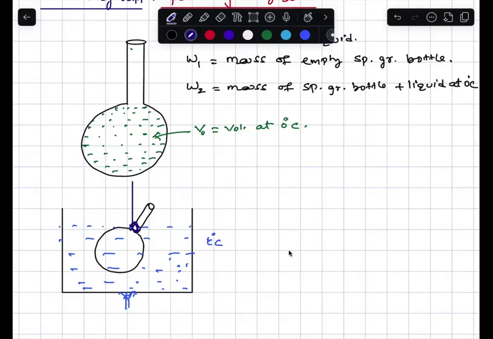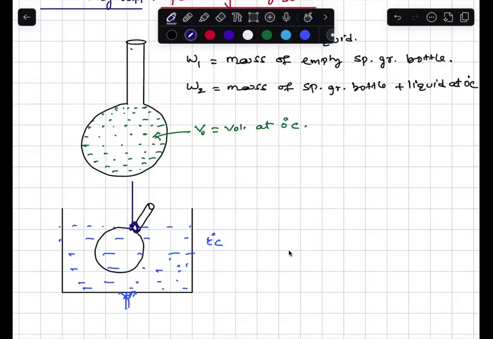We should rather say the word oozing. The excess oozes out through the capillary tube. From time to time, I will clean and remove the excess coming out through the capillary tube. Now tell me why the excess is coming out: because of expansion, there is no space.